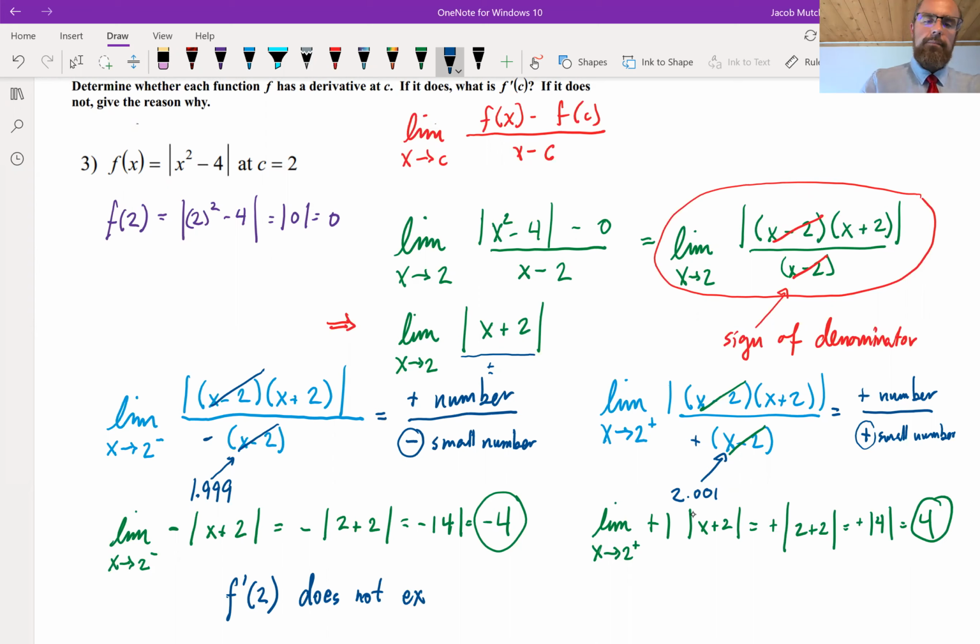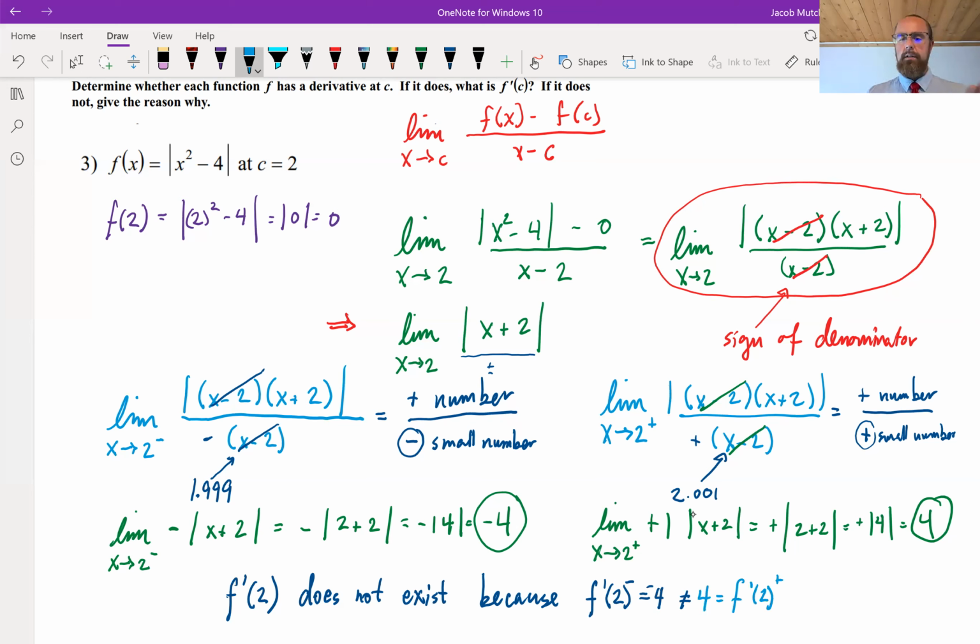And if we were to make a case, what we could say is because the limit of the average rate of change at 2 from the left equals negative 4, which does not equal the limit of the average rate of change at 2 from the right, which is positive 4.